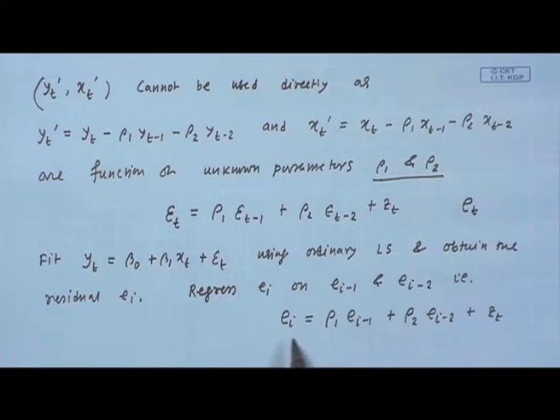So, you know the epsilon i's, so you can fit this model, right. So, this is nothing but a multiple linear regression model with 2 regressors.